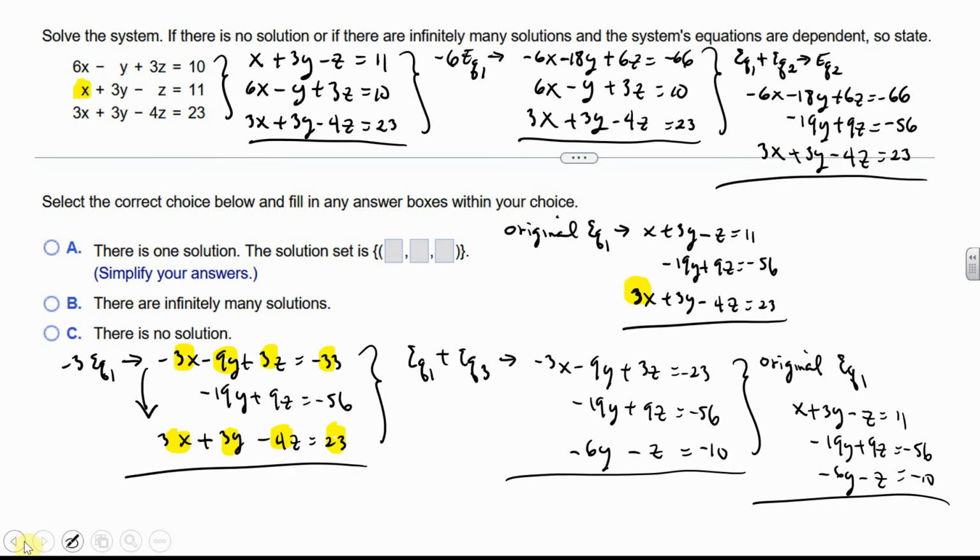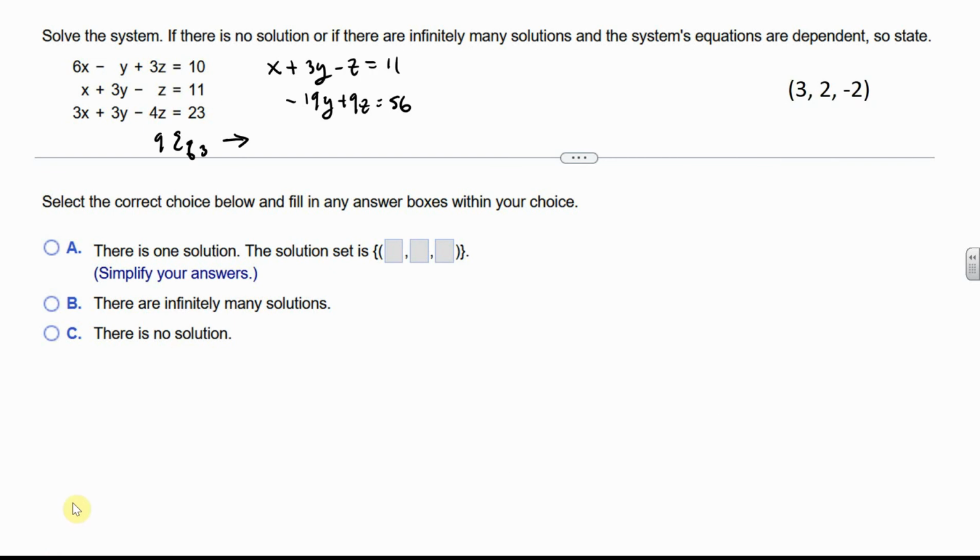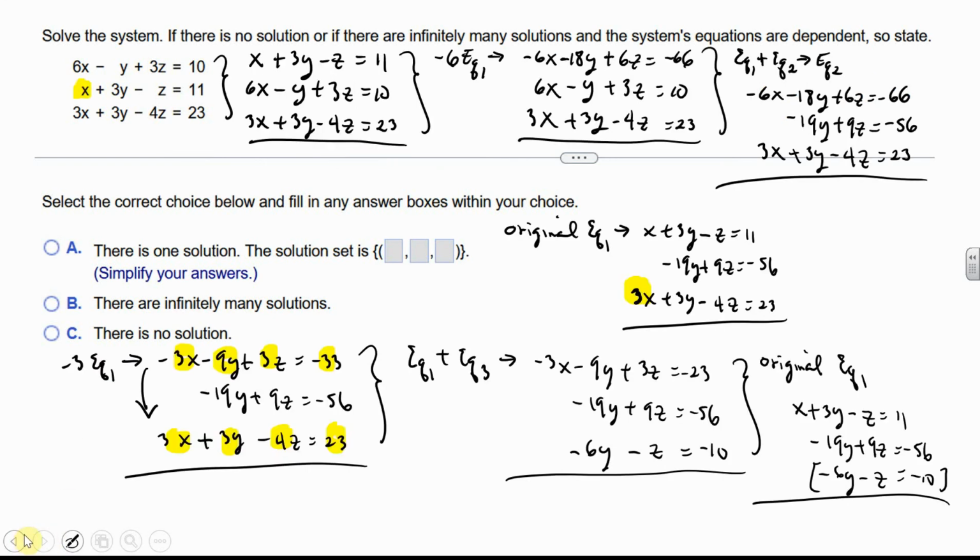All right, so 9 times everything here. So that's 9 times the negative 6, this is minus 9z, and that's equal to, what was that over there? Is that a 10? So that's negative 90.